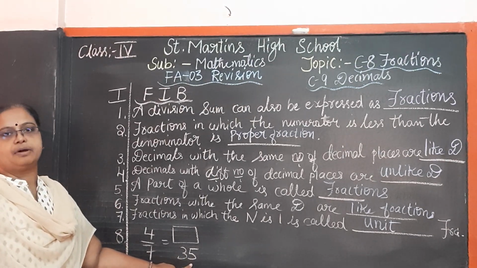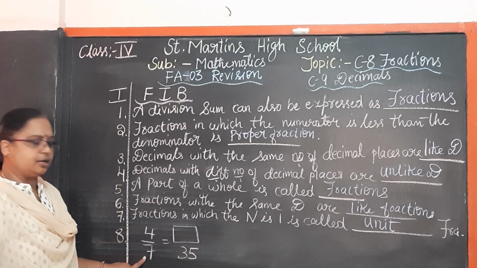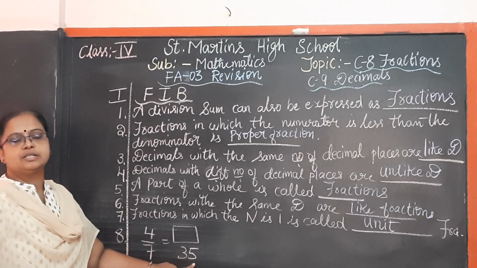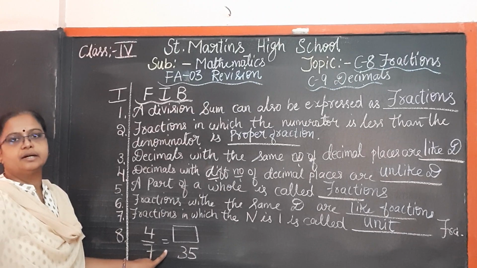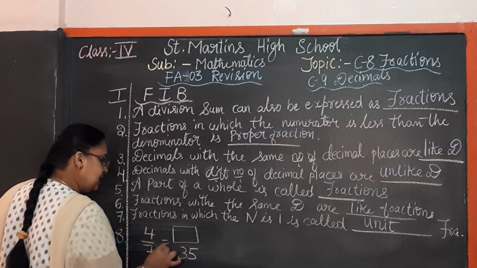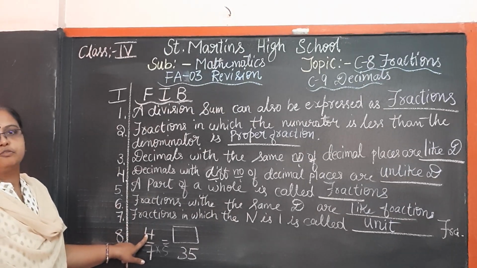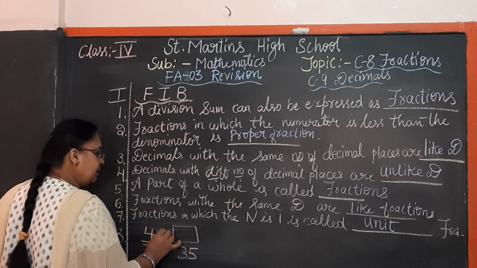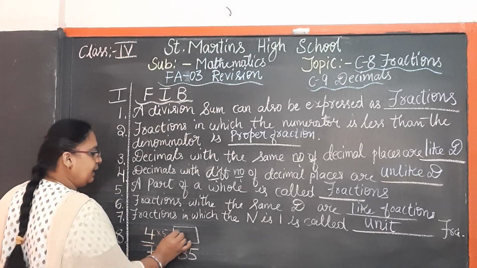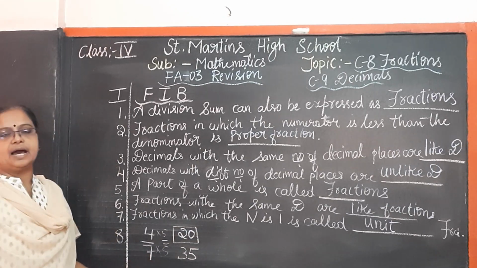How do we get this 35? 35 is a multiple of 7, is it not? 7 5s are 35. So, by what number have we multiplied here? We have multiplied here by 5. So, 4 should be multiplied by 5. When we multiply 4 by 5, we will get 20. 4 5s are 20. 20 is the answer.